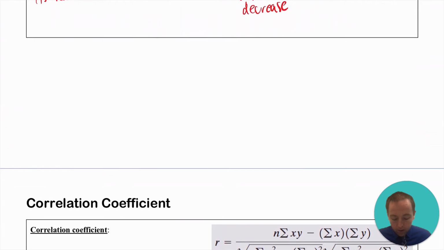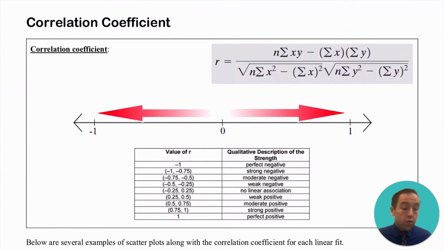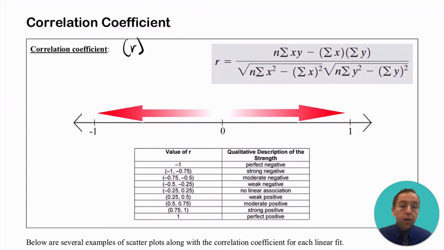The way we can measure that is by using something we call a correlation coefficient. The correlation coefficient is represented with the lowercase letter r. There is a formula to calculate that, but we're not going to worry about the calculation of this. We'll just allow technology to do this for us.